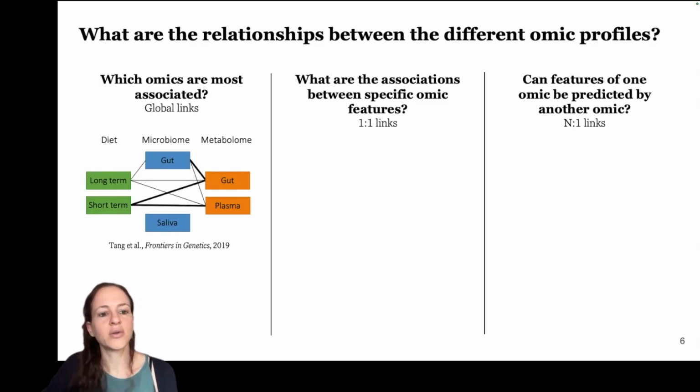And what they saw using a distance correlation test is that the gut microbiome is more associated with a long-term diet profile, compared to the gut metabolome, which was significantly more associated with the short-term profile. There are other statistical approaches that can be used, for example, Mantel tests, which are very popular, canonical correlation analysis, and so on.